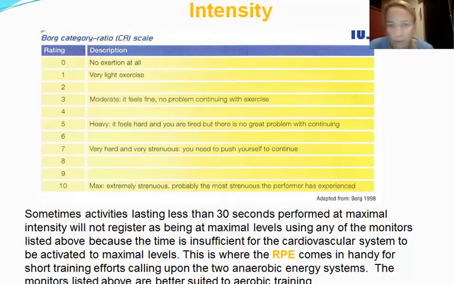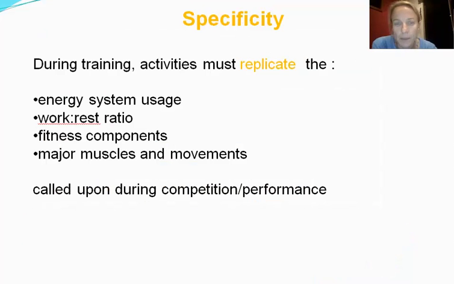But if we were wearing heart rate monitors, it wouldn't have shown 180 beats per minute, because it takes our cardiovascular and our respiratory systems time to catch up to the effort. So that's why heart rate monitors are not always an accurate reflection of intensity, particularly for the much shorter activities.